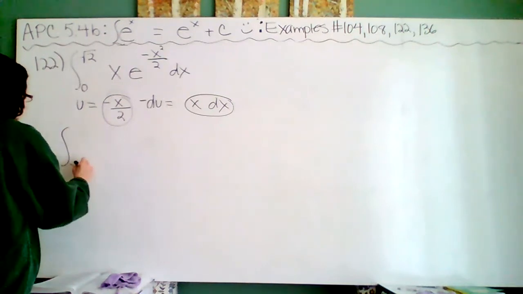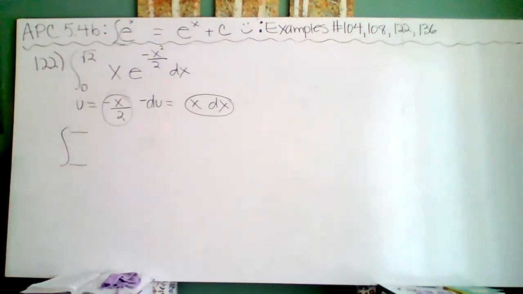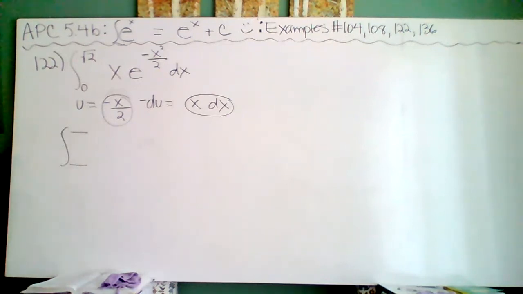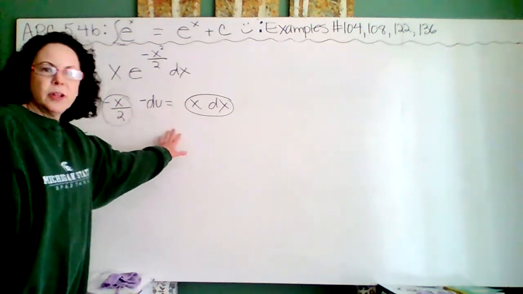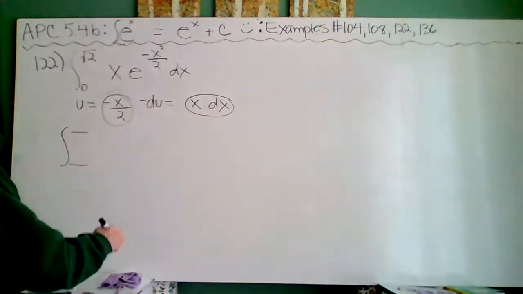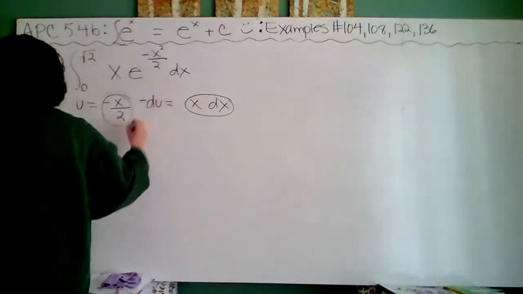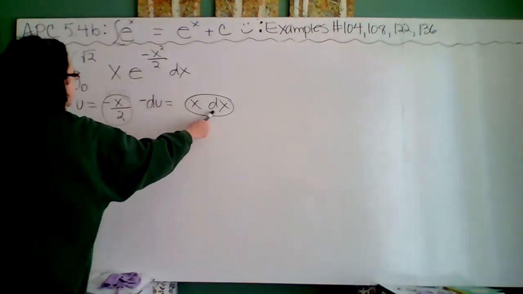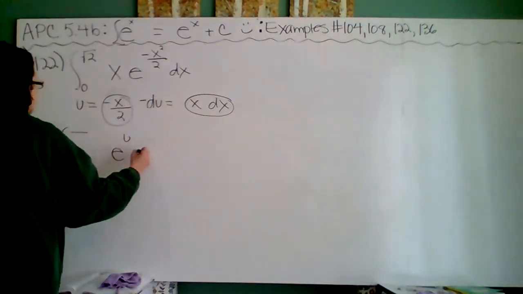So I am going to switch my lower x to a u and my upper x when I'm sure that I have a substitution I can do. This is going to be e to the u, and x dx will be a negative du.